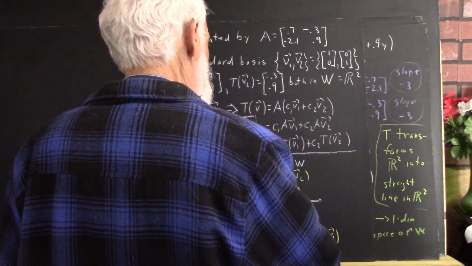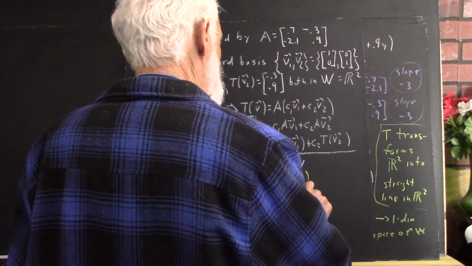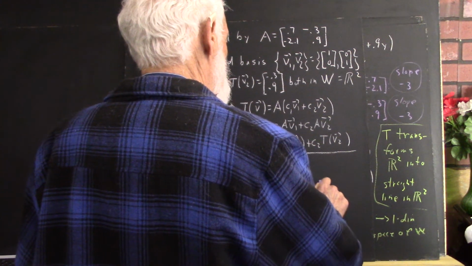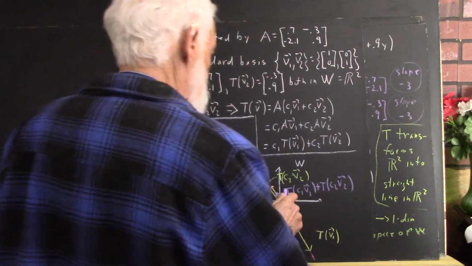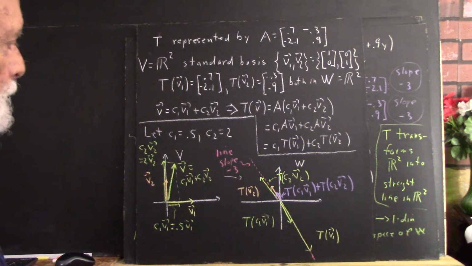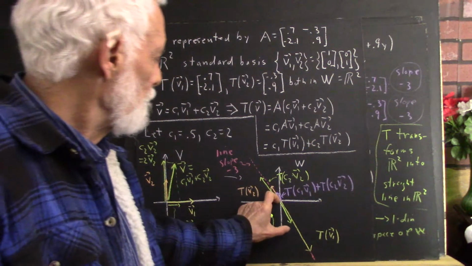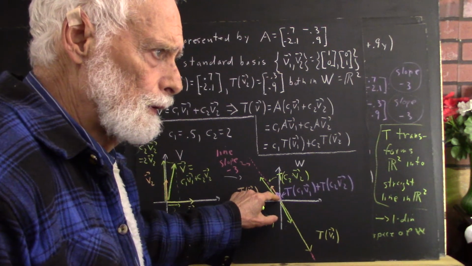Here's T of C1 V1 plus T of C2 V2. Add this vector, head to tail with this vector, we get this short vector here.